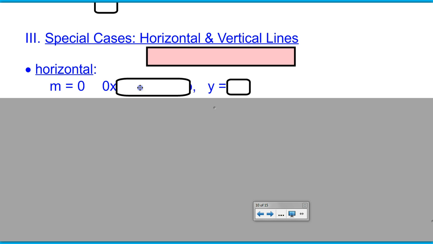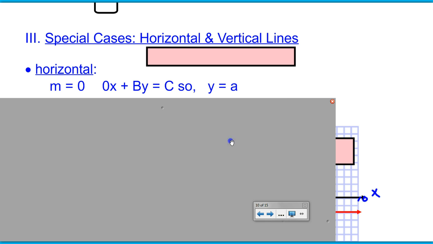So if we were to input 0 as our slope, we would have 0x plus by equals c. So that wipes out the x term, doesn't it? Every time. So we could isolate y, right, by dividing both sides here by b. So y is always going to equal some constant, and we call it the constant a.